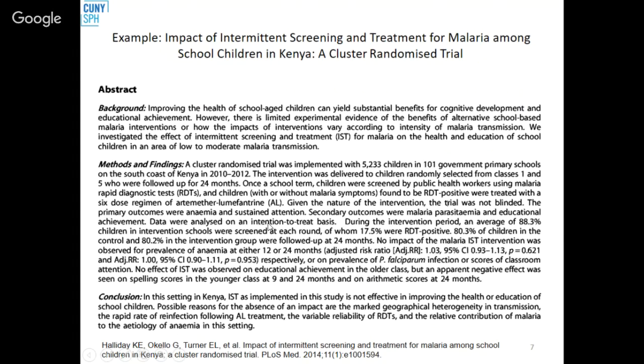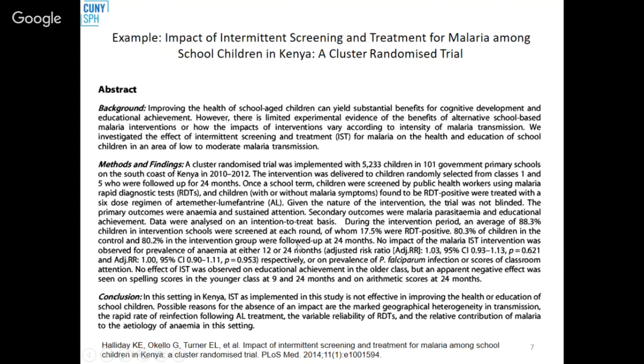And there were a number of outcomes here relating to anemia and sustained attention. So a health outcome, anemia, and sustained attention, a learning outcome, with some additional secondary outcomes. But for each of these, they report an adjusted risk ratio.